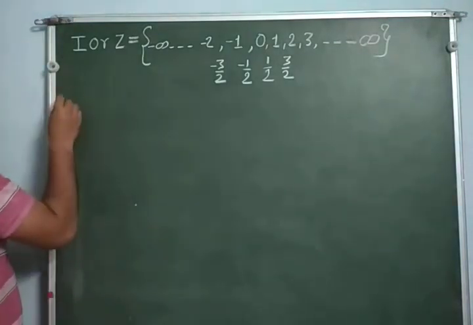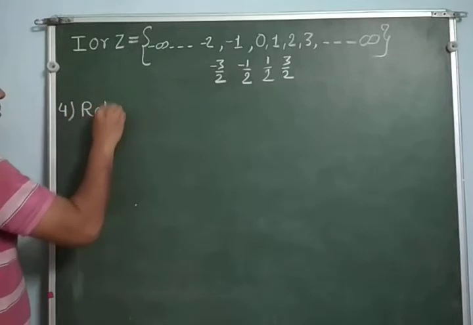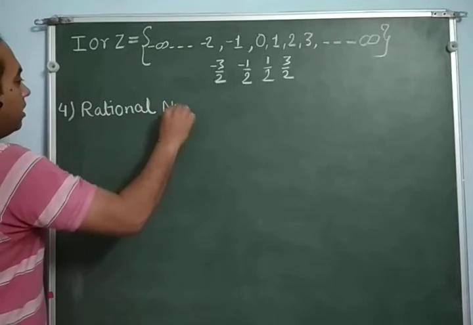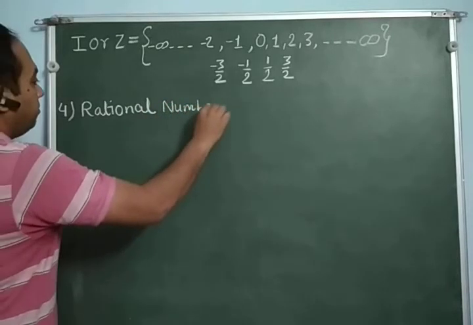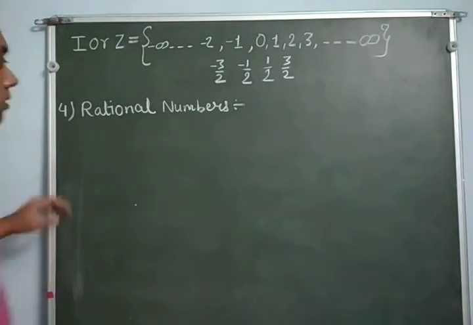So our next definition is rational numbers. Now what are rational numbers?